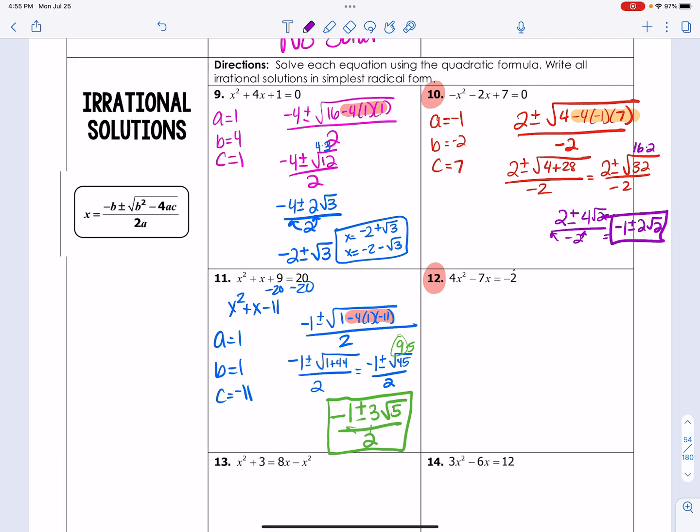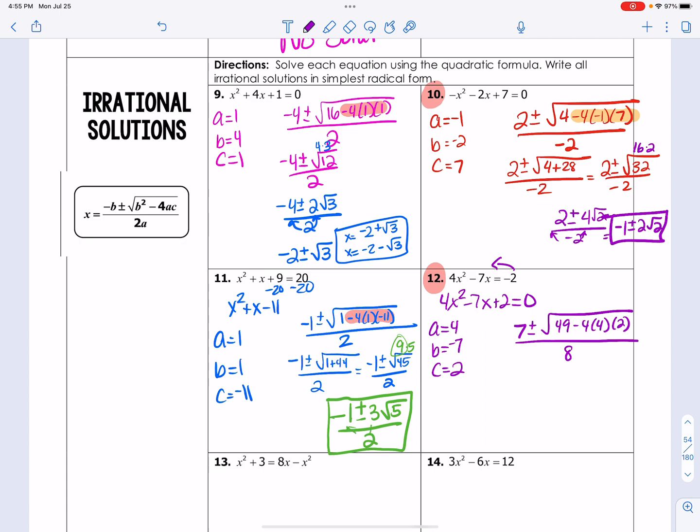Okay, on the last one, you would have to bring this 2 over before you do anything. So a is 4, b is a negative 7, and c is 2. So I'm doing a negative b plus or minus the square root of 49 minus 4 times 4 times 2, all over 2a, so that's all over 8.